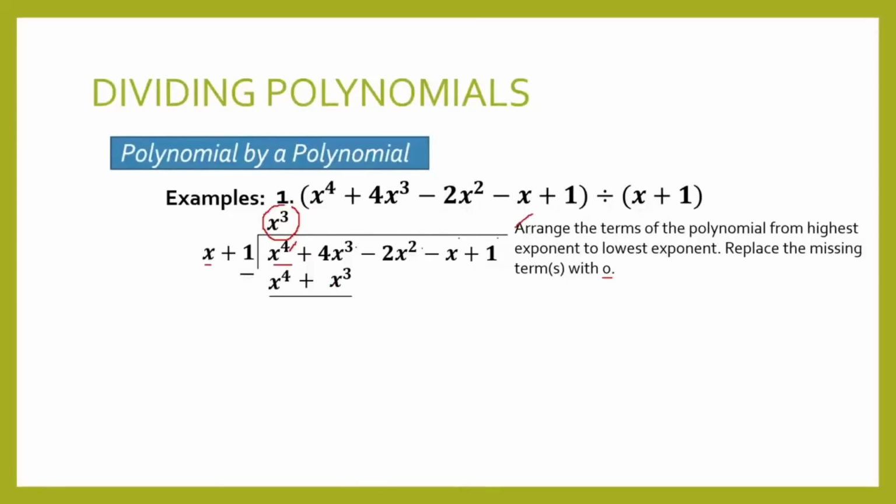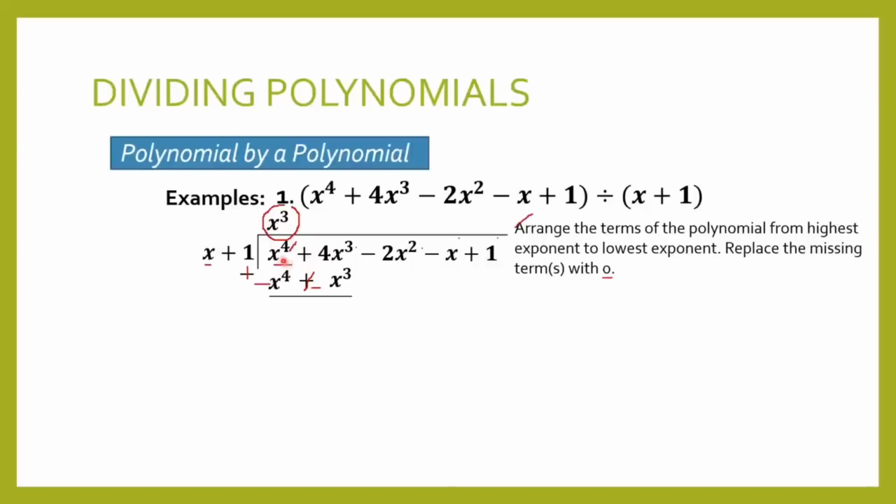After that, we subtract. But in subtracting, we are going to change our operation into addition, and then change the signs of our terms. So this will be negative, and this will also be negative. After that, we can now add.